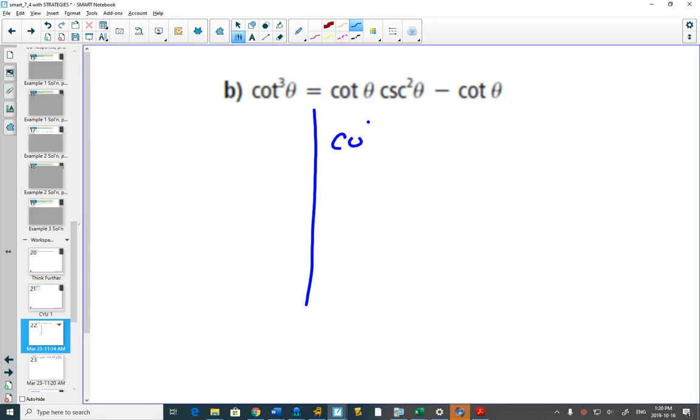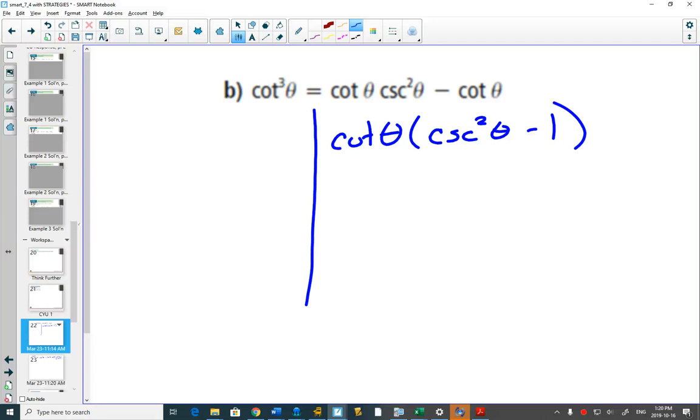This time, I'm going to factor out a cotangent. Do you see how there's a cotangent in common? And so I could factor it out. And then, if we look at this formula right here, cotangent squared plus 1 equals cosecant squared. Can you see that you could easily move the 1 over to the other side and get cosecant squared minus 1?